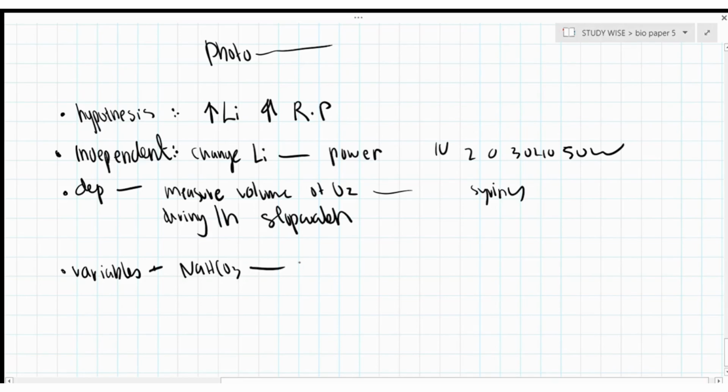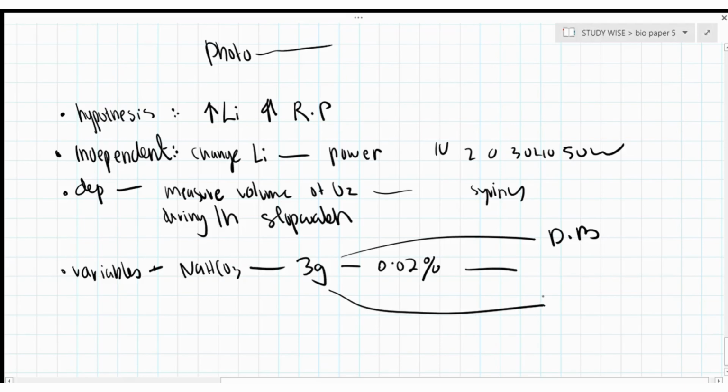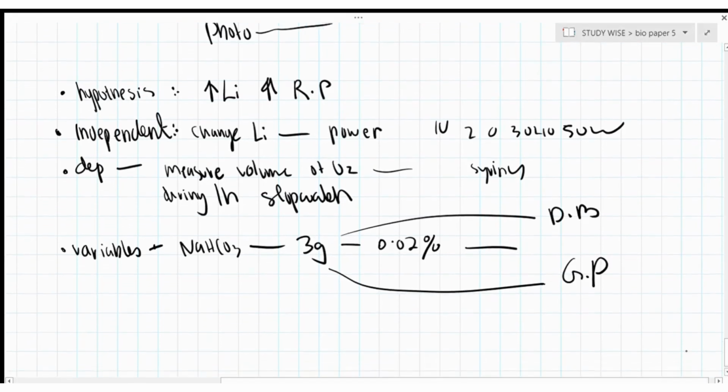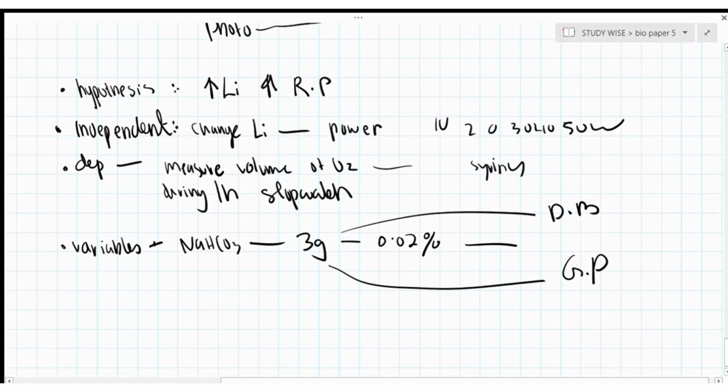For example, add 3 grams of NaHCO3, and then you need to say the percentage, for example, 0.02%. If it's grams, you're going to use a digital balance. If it's a liquid, for example, 3 centimeter cube, you're going to use a graduated pipette, and so on. And of course the temperature, and the humidity using a dehumidifier, and so on.